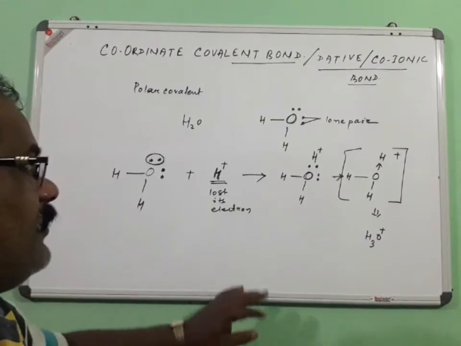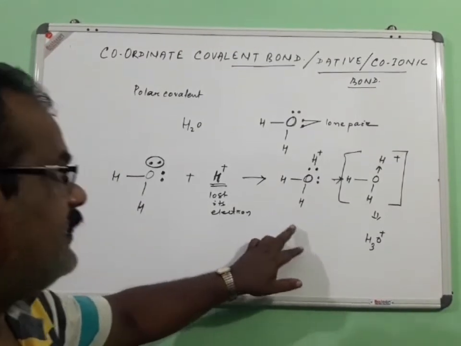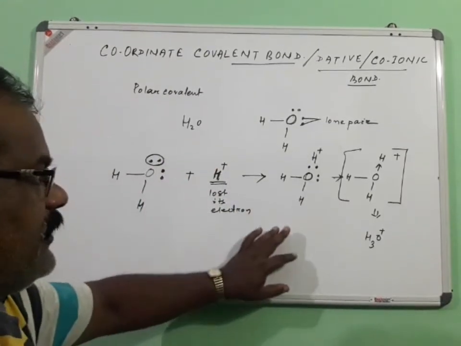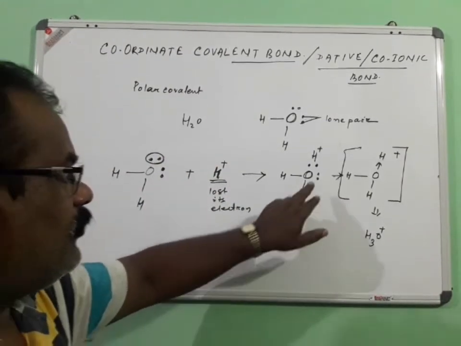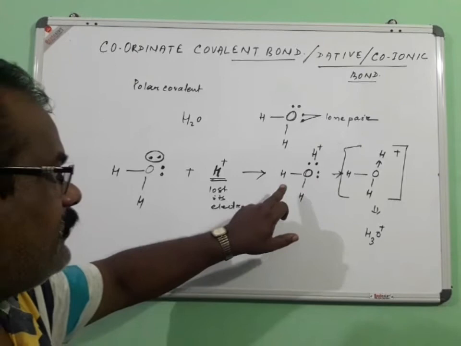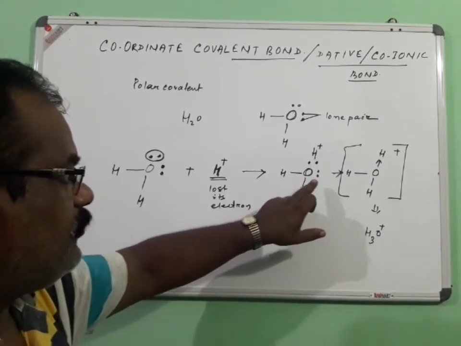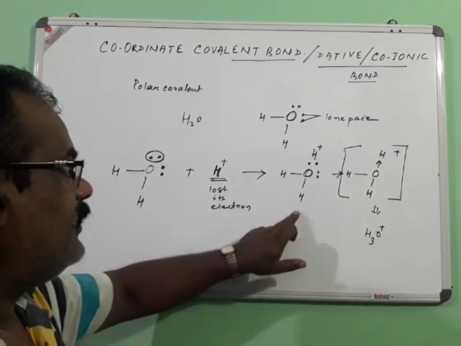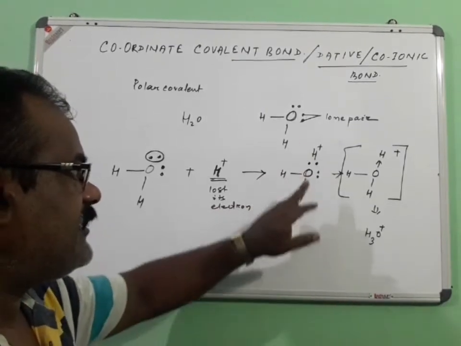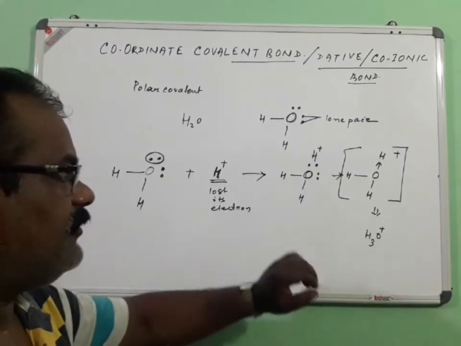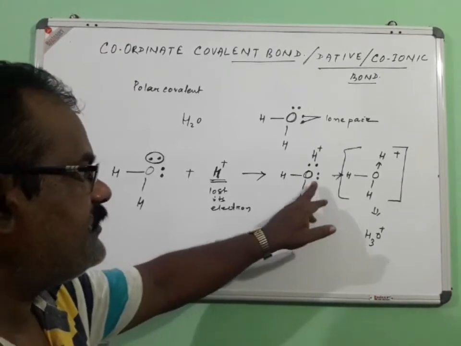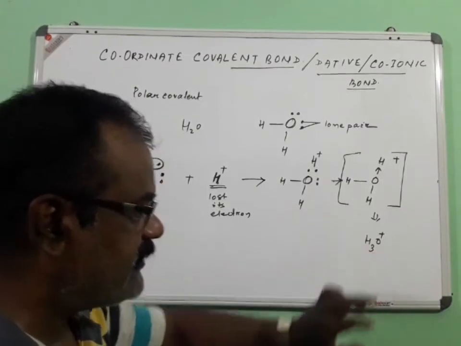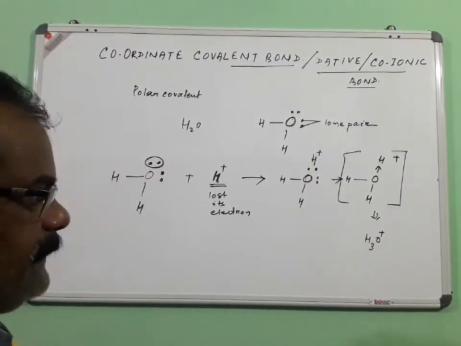So in this case we can say that the coordinate covalent bond is a bond in which the lone pair of one atom of a polar covalent molecule is shared with another charged particle in such a manner that it appears to be shared by both, and in such cases we get a charged particle, that is the hydronium ion.